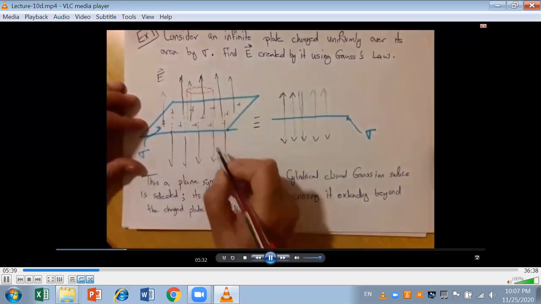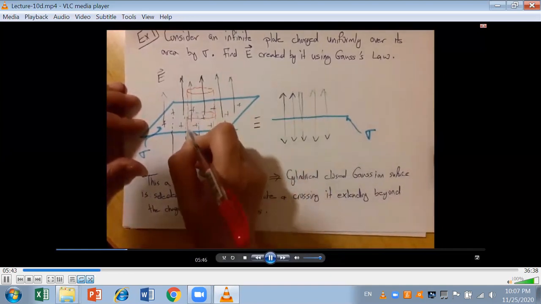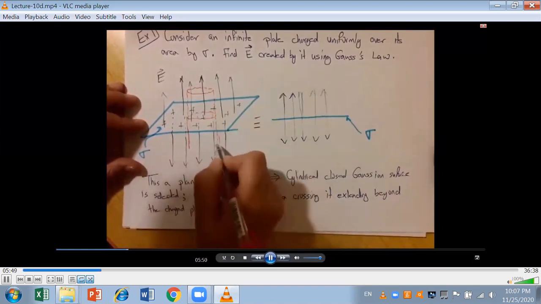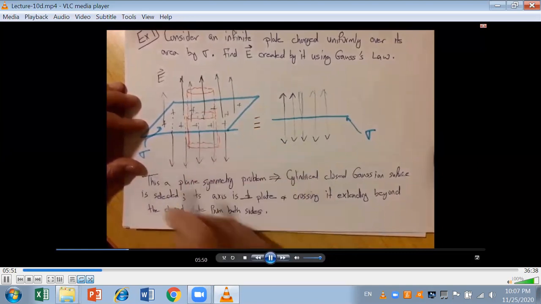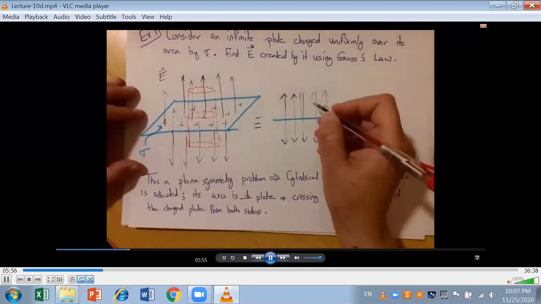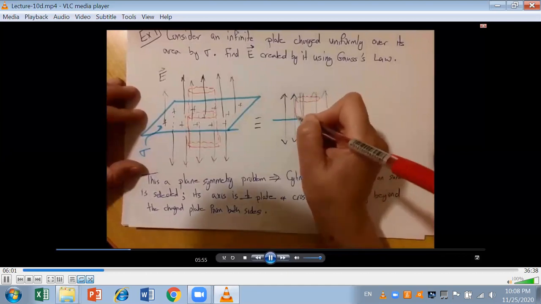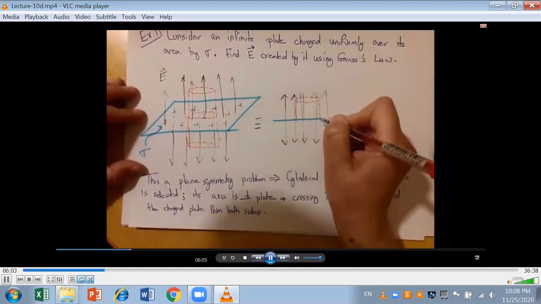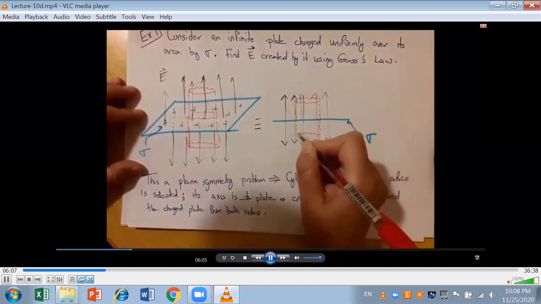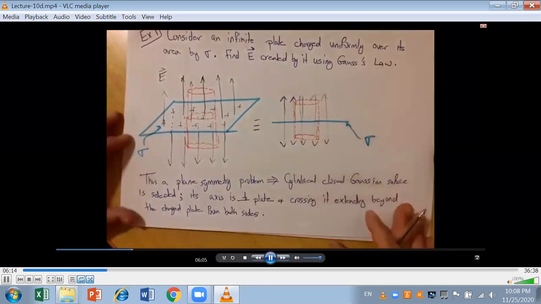Notice I'm drawing the cylinder cutting this plate in a circular region and extending below and above. Here it is, this is my cylinder. It is of the same cross-sectional area wherever it crosses, and it's extending beyond the plate from all sides.